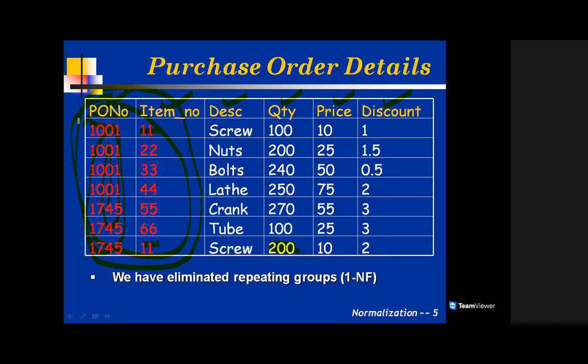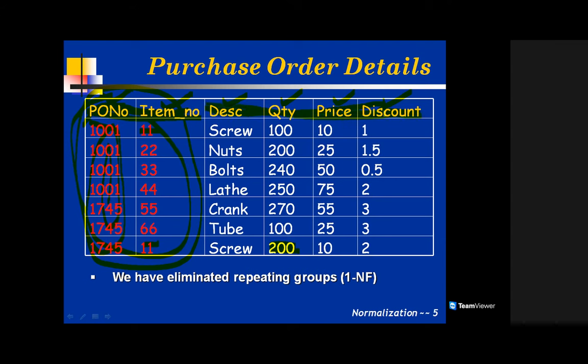Second normal form says you identify key attributes and identify non-key attributes. So PO number, item number, these two are the key attributes. Now description, quantity, price, discount, these four are non-key attributes.